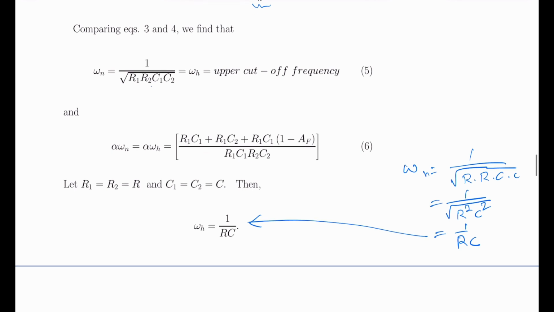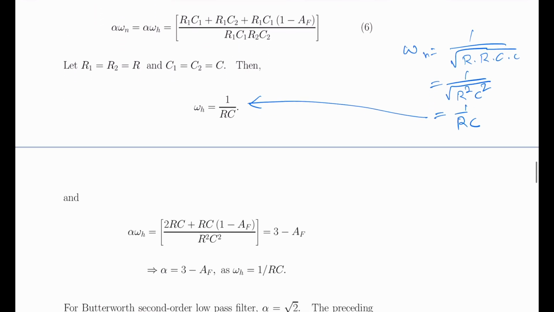Now alpha omega h, when R1, R2 are equal to R and C1, C2 are equal to C, this factor becomes 2RC, RC plus RC is 2RC, plus RC into 1 minus AF, upon R square C square. So this is written here.